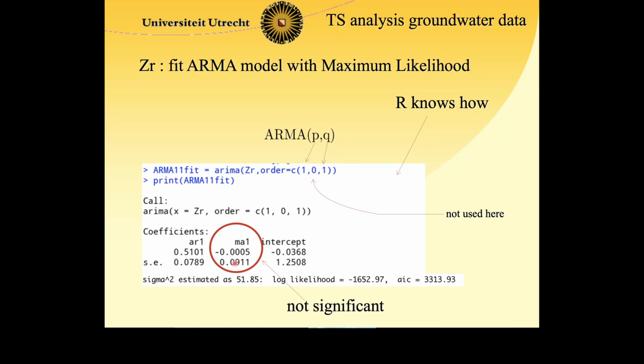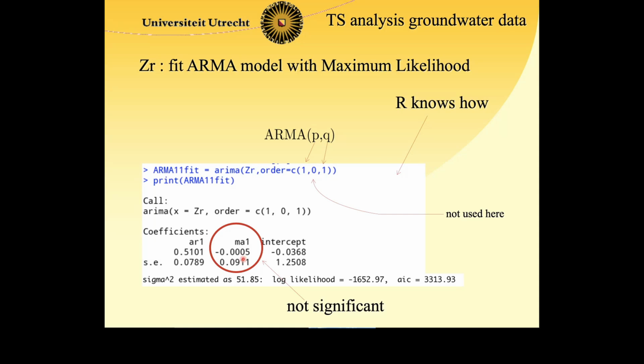Before we move there, we need to inspect some other things. This sigma squared is the variance of the residuals. So if we fit this ARMA11 model to our data, and we do one step ahead predictions, this is the variance of the prediction error that we get.